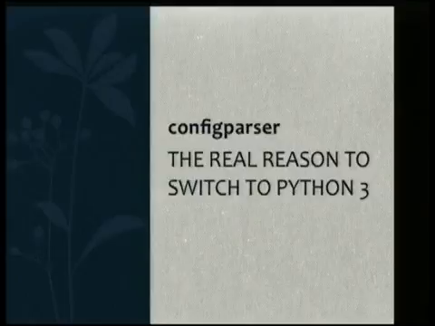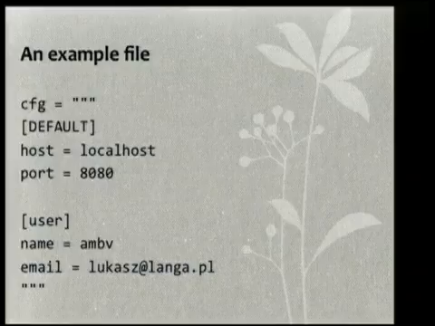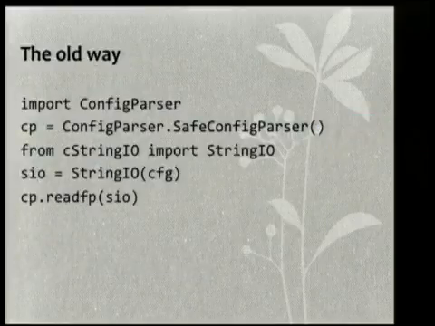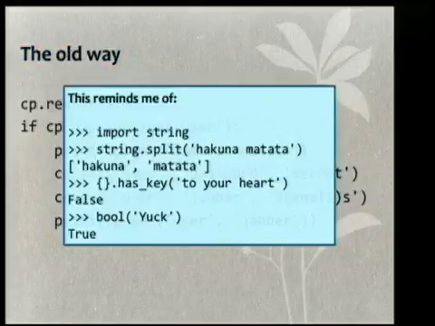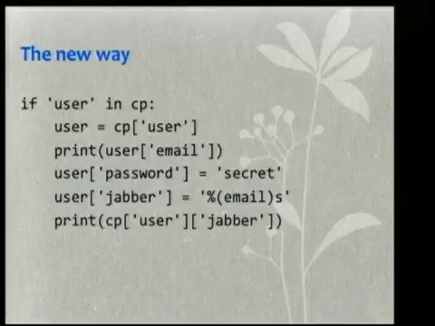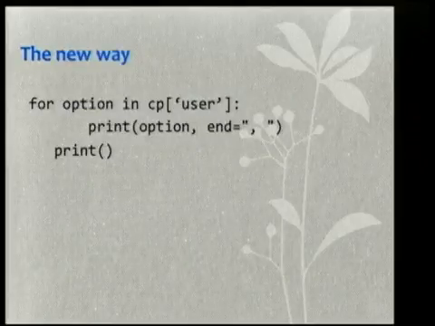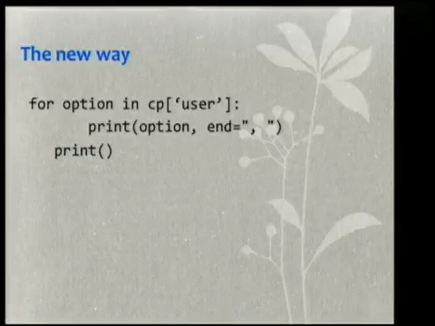I also have a short detour to show off the new version of the ConfigParser library in Python 3, which supports a dictionary-like API. So the old ways are switched to a new, much nicer API.